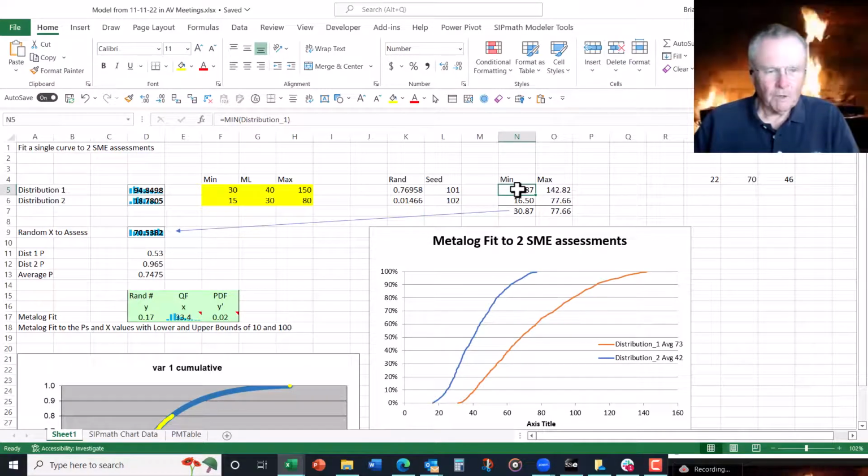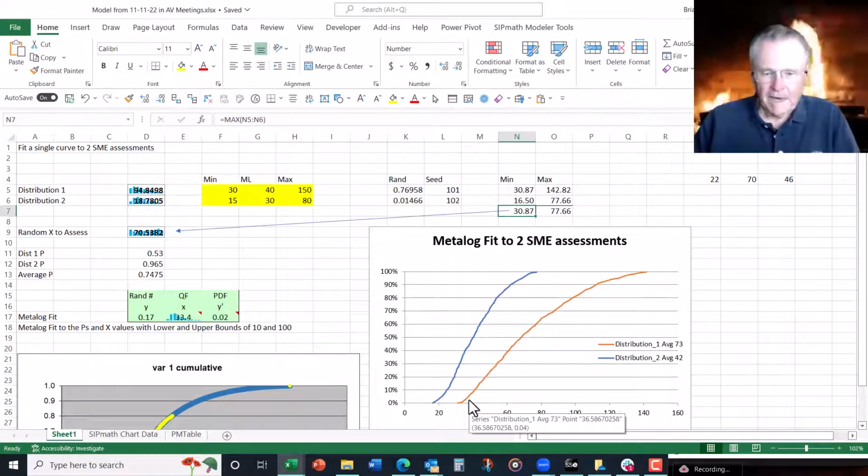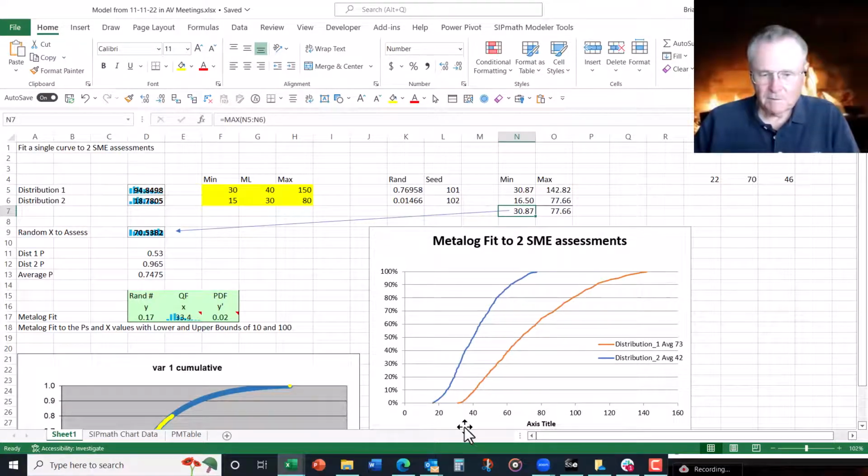Those that are working with SIP math can see that equation. And then similarly, we take the same numbers, minimum and max, for distribution 2. Now, if I want to take a value here and average the percentiles, I can only average them between here and here.